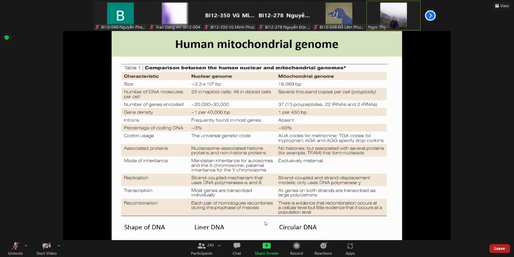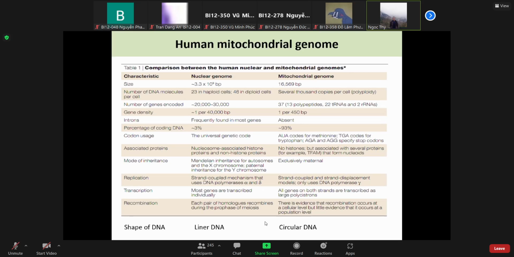Meanwhile, in the mitochondrial genome, there is no intron in the genes. We have only the D loop, the hypervariable regions 1 and 2, which do not code for anything.